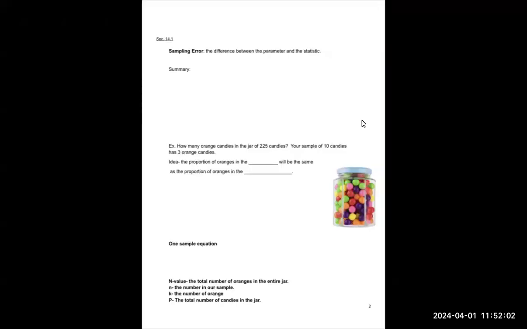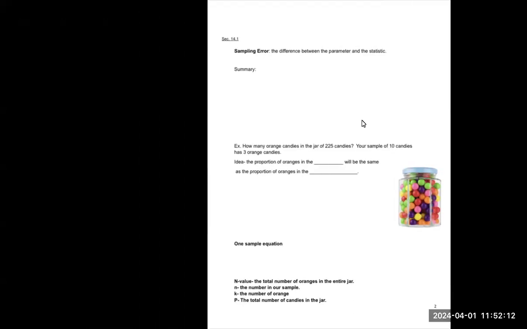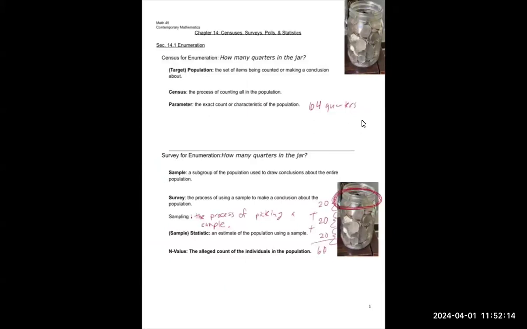A sampling error is the difference between the parameter, if I would have counted all those quarters, poured them all out, counted every single one, and the statistic. So in my problem, if I had poured them out, I would have found out there's 64 of them. And if I estimated using my sample, I would have counted 60 of them.